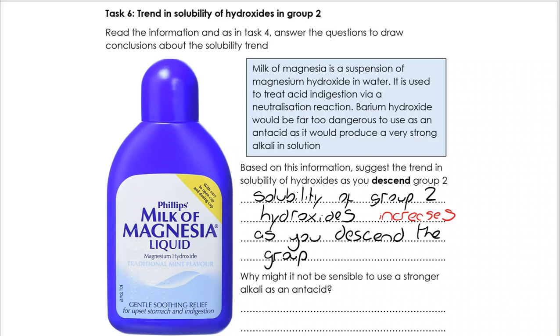When you get an alkali that is very soluble, that will mean, and this answers the final question, it would be a very strong alkali, and that would make it very, very corrosive. So it wouldn't be untrue to say that barium hydroxide would neutralize stomach acid, but it would cause significant damage to your body as you try to drink it.